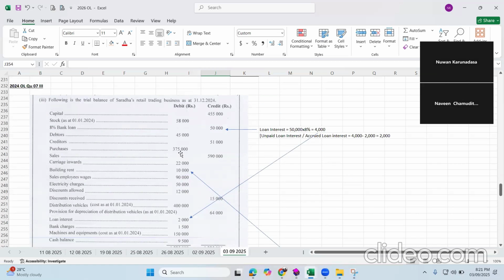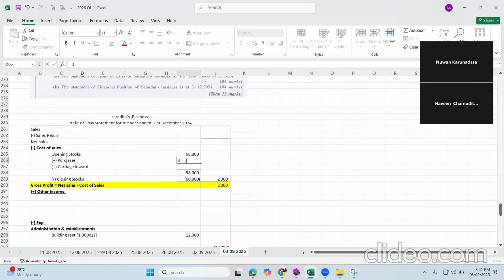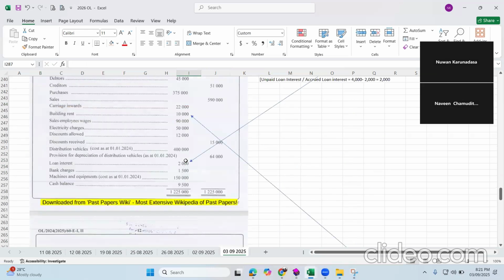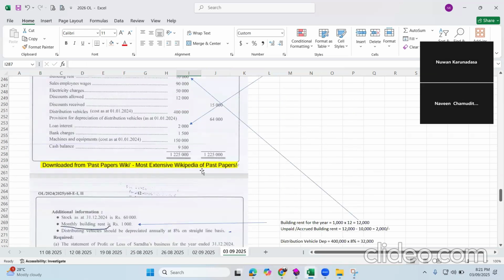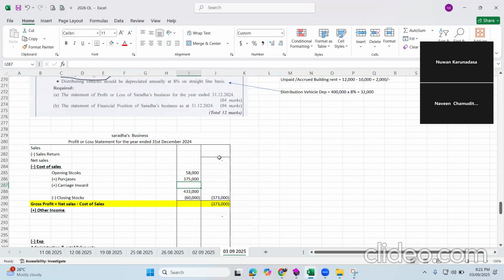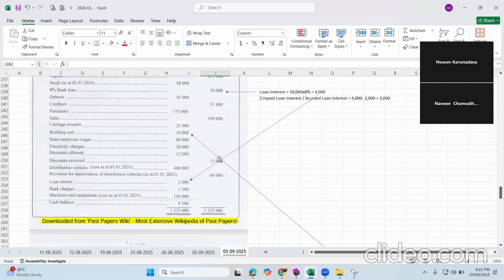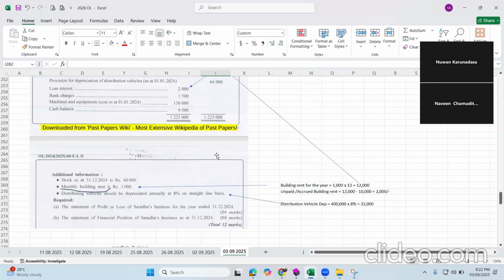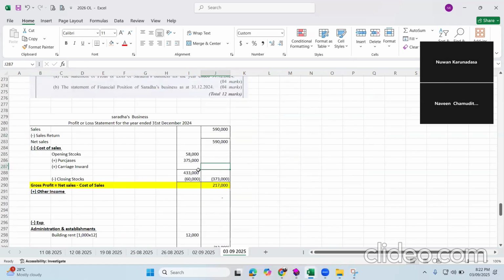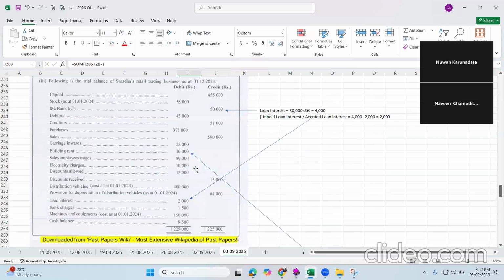Then purchases 375. It's to here. 375. Sales 590. Carriage inward 22,000. Building rent done.